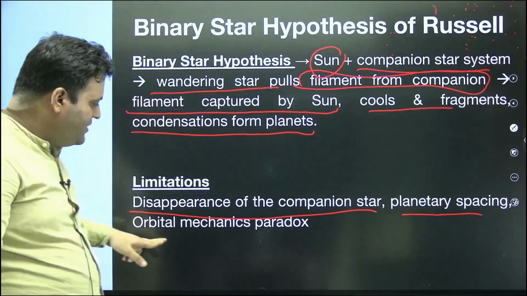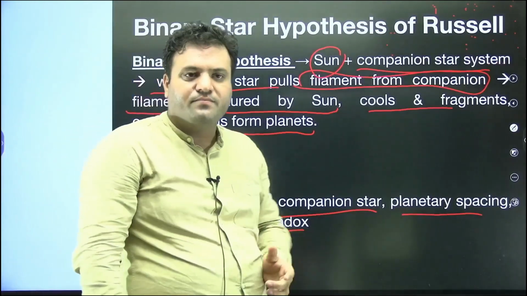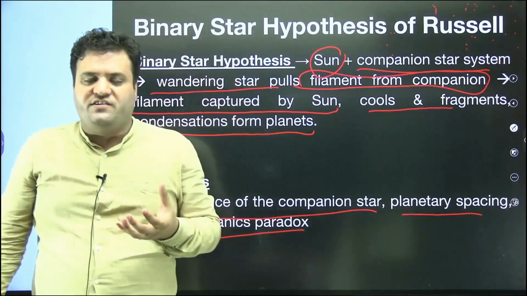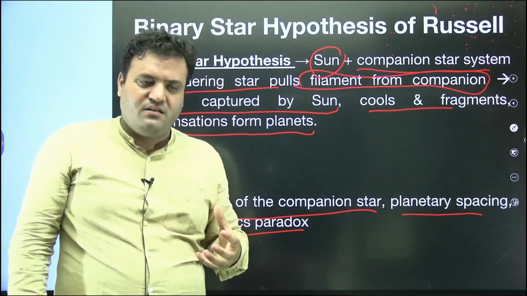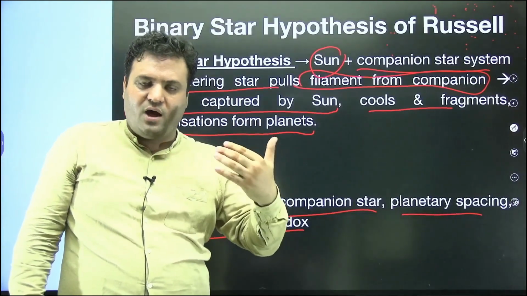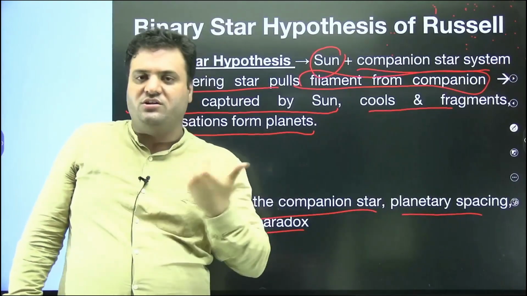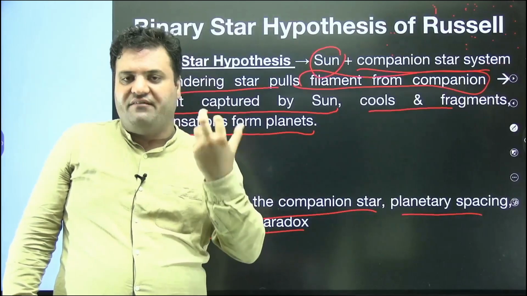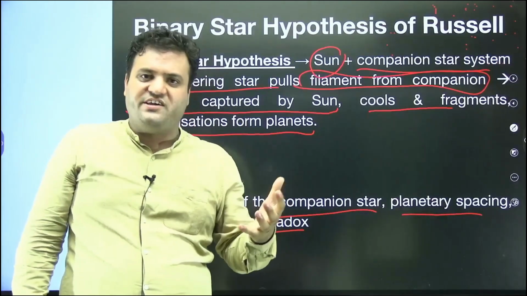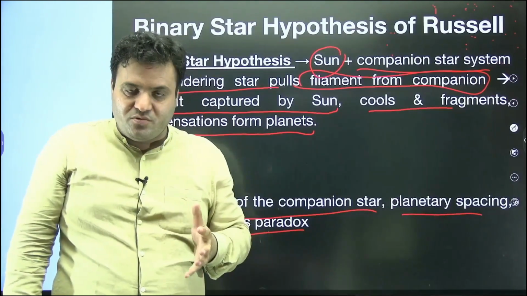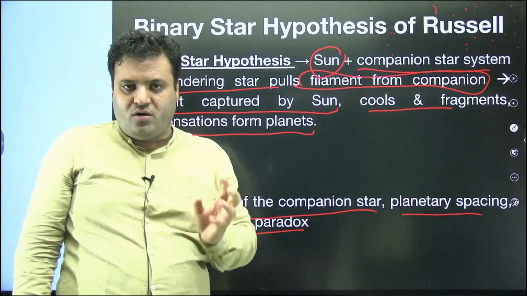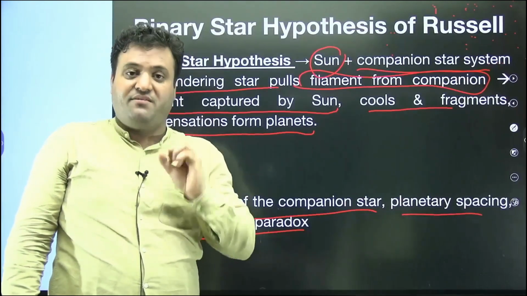Then we have an orbital mechanics paradox: how did the ejected material, which was suspended in space, become cool and start to orbit around the sun because of the sun's gravitational pull? On one side you are saying that the wandering or approaching star has more gravitational pull than the companion or our primitive sun.